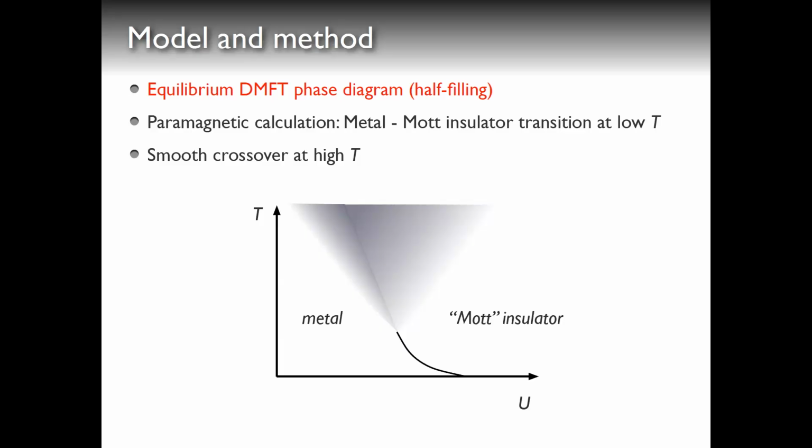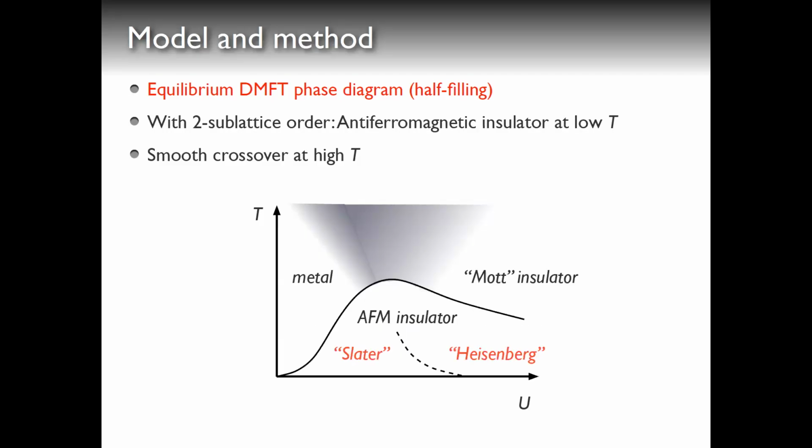If we allow for antiferromagnetic order, then the first order transition disappears inside the antiferromagnetic insulating dome, and we only see a crossover from a weak coupling Slater type antiferromagnet to a strong coupling Heisenberg type antiferromagnet.